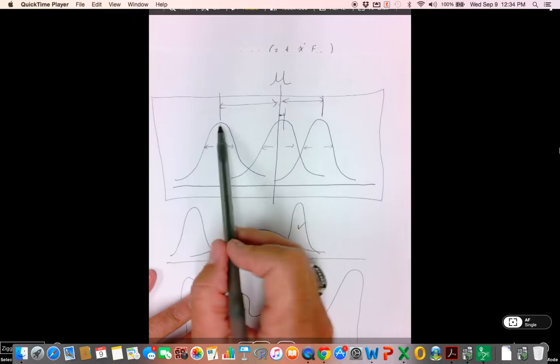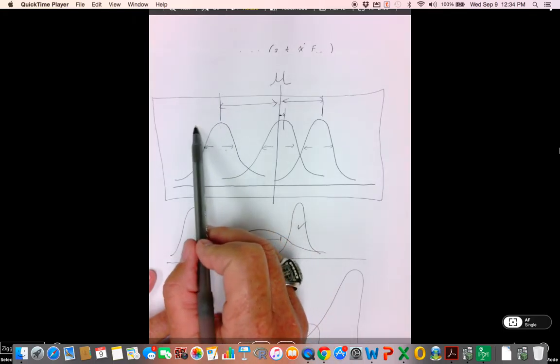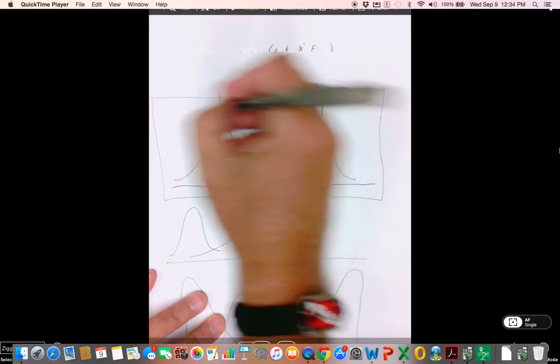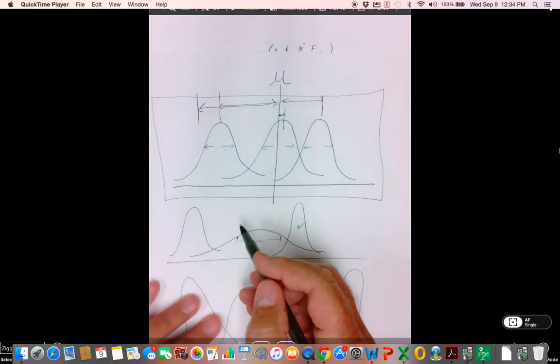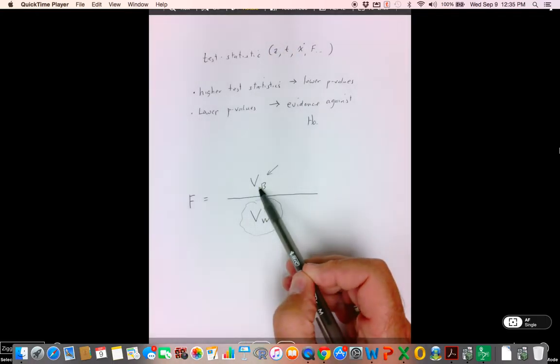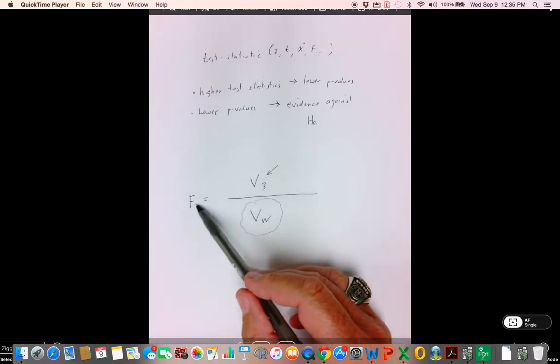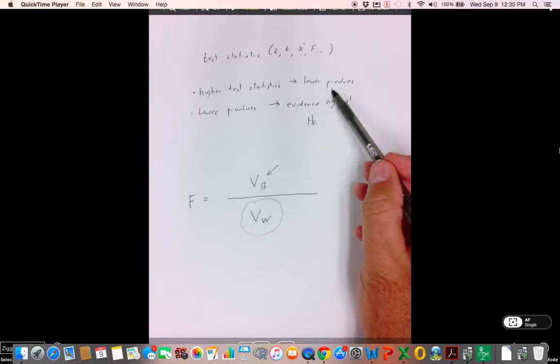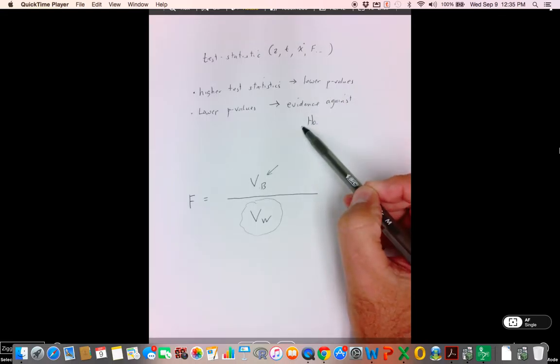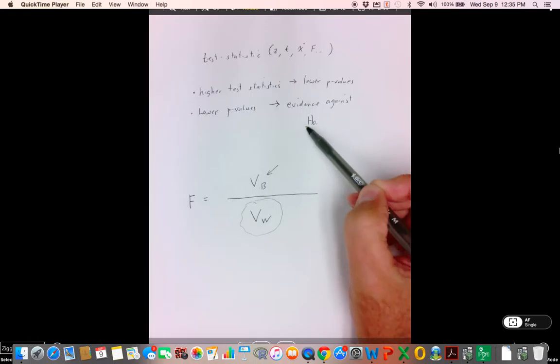So if this distribution would happen to be over here, then that would increase that value, which would add to the variance between, making this a bigger number, hence making a bigger F-statistic, hence making a lower p-value, hence making more evidence against the null hypothesis. And again, the null hypothesis is that the population means are equal.